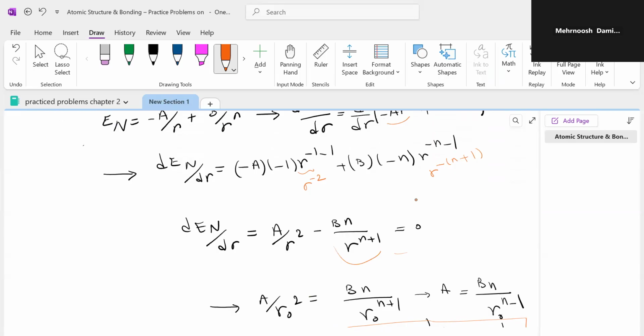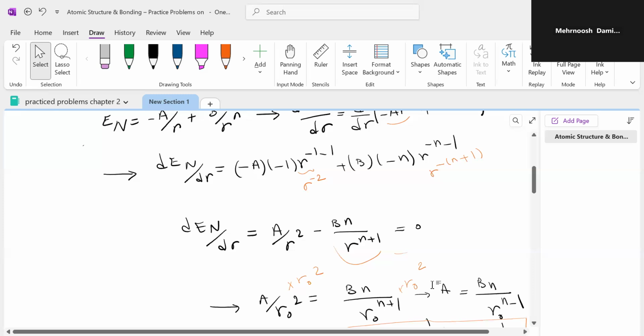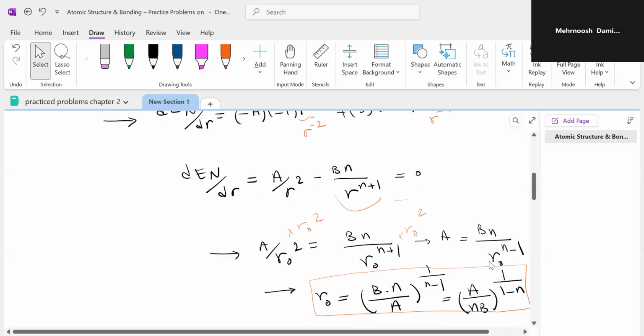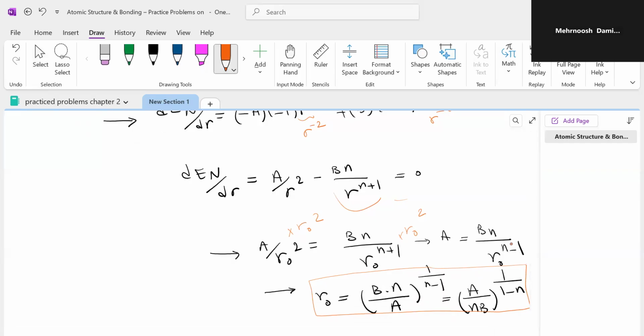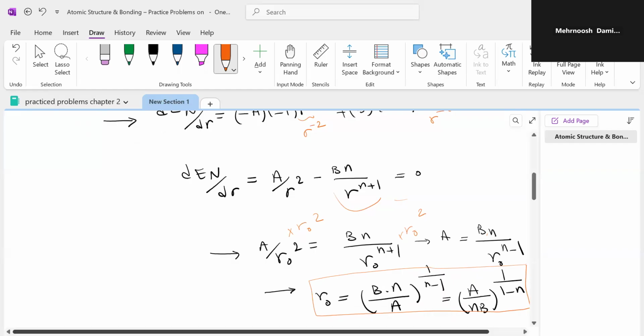Again, multiply both sides by R squared, R naught squared, and we reach A equals B N per R naught to N minus 1. And if we simplify this, A times R naught to N minus 1 equals B times N. And we find R naught is B times N per A to the power of 1 per N minus 1.